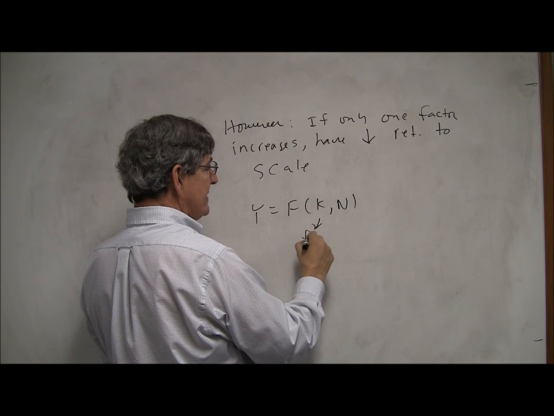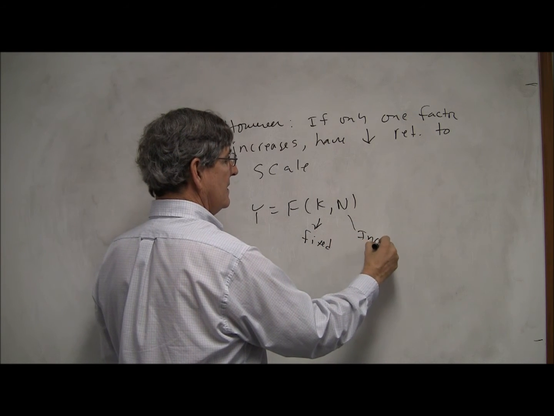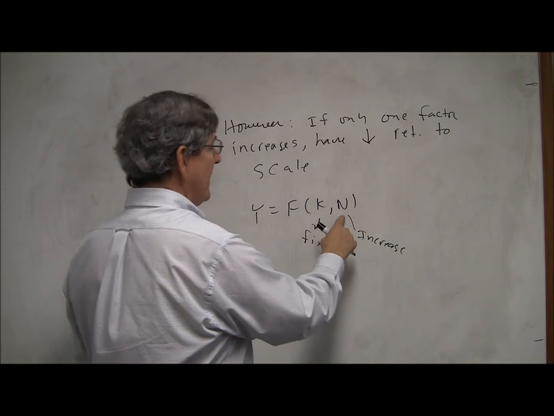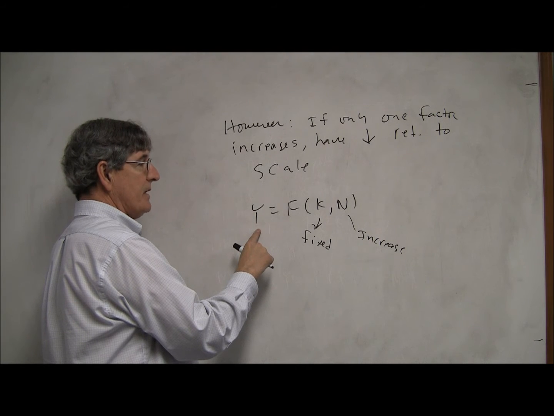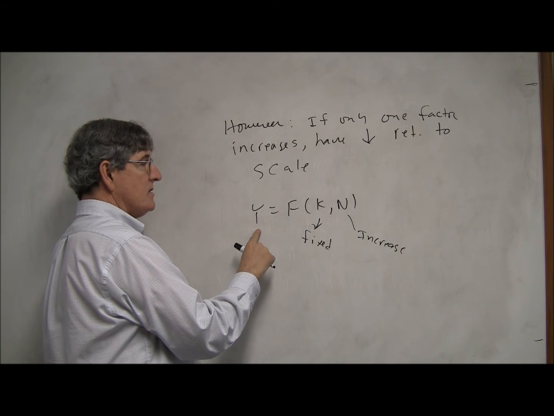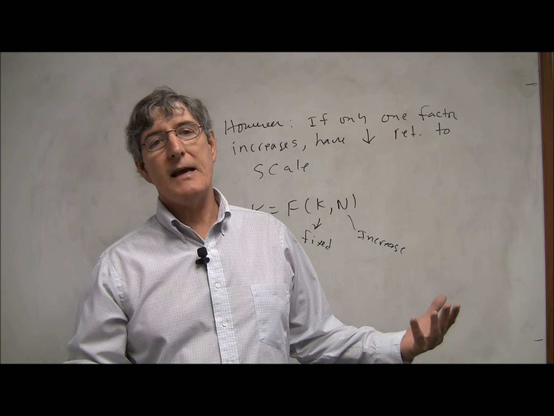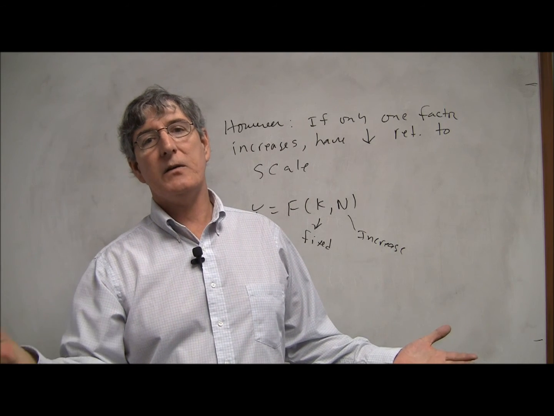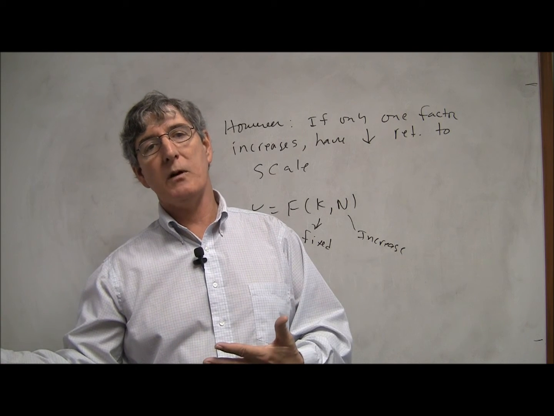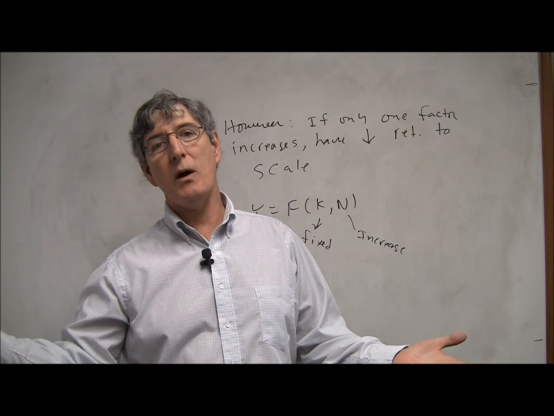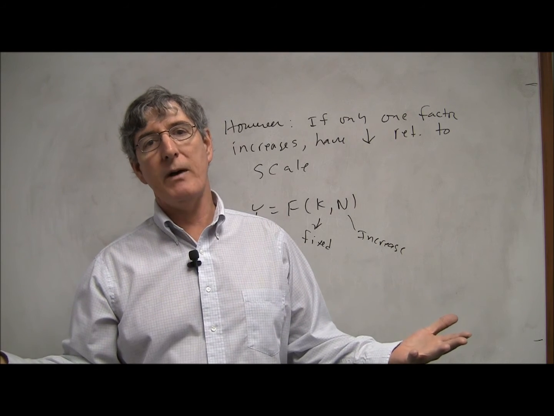If I keep k fixed and I increase n, if I double this, I'll less than double output. That's called decreasing returns to scale. We'll draw a picture of that in a little while. And so you only have so many tractors out there. I've got 10 tractors and 10 people. If I increase the number of tractors to 11 and increase the number of people to 11, output will go up proportionately. If I go from 10 to 20, both tractors and people, output will be doubled because I've doubled both of my inputs.